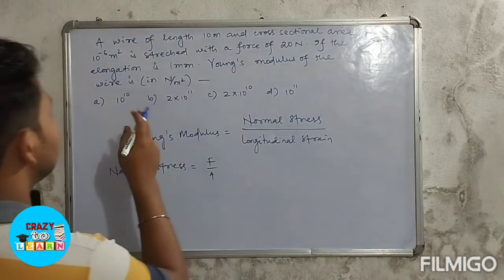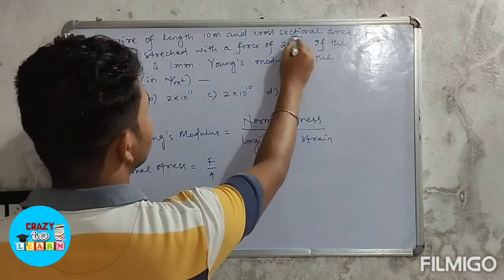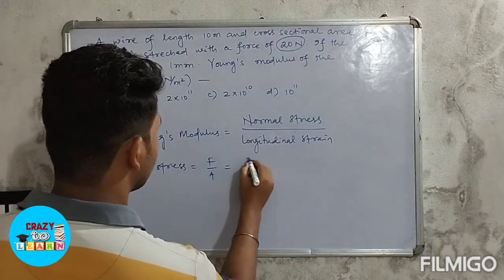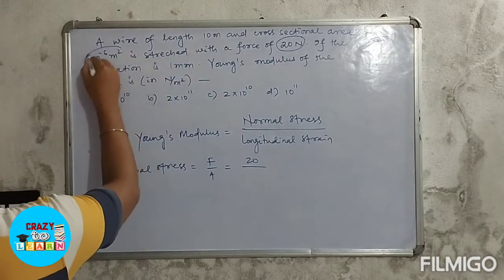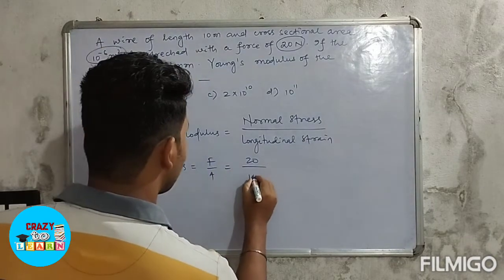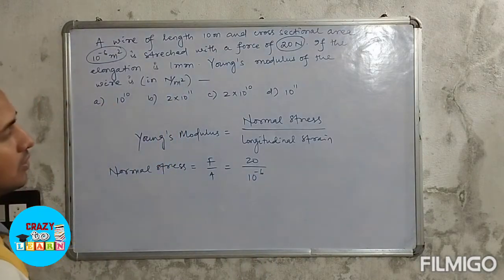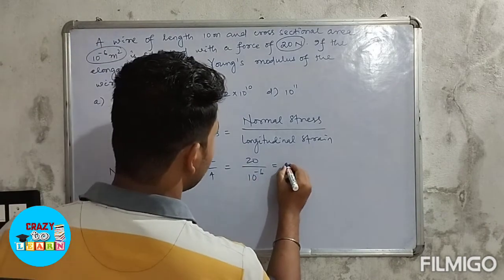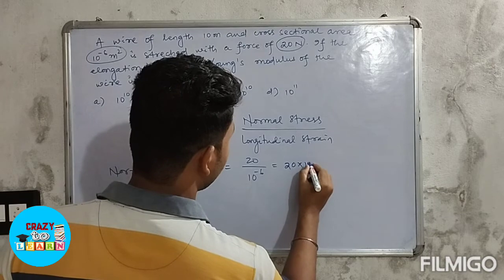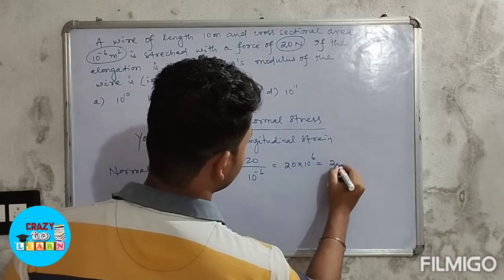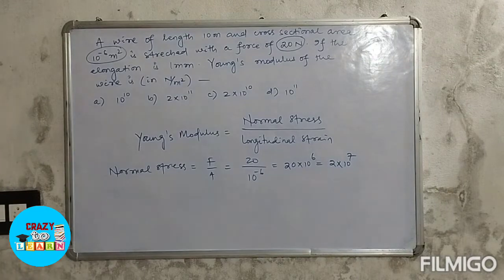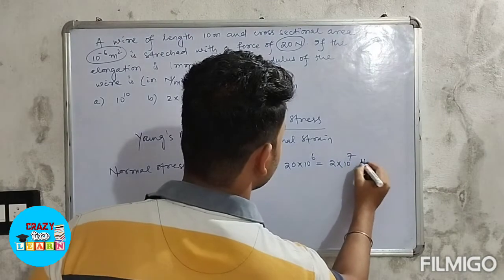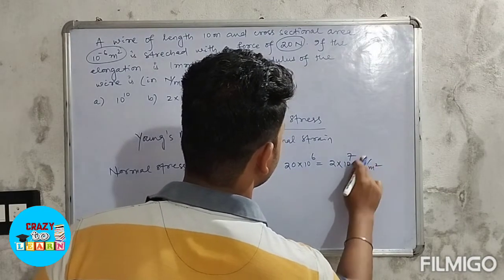The force is given to you, 20 Newton, so put here 20 divided by the area. The cross sectional area is given to you as 10 to the power minus 6. So it will be 20 into 10 to the power 6, or we can write 2 into 10 to the power 7. Normal stress unit is Newton per meter square.